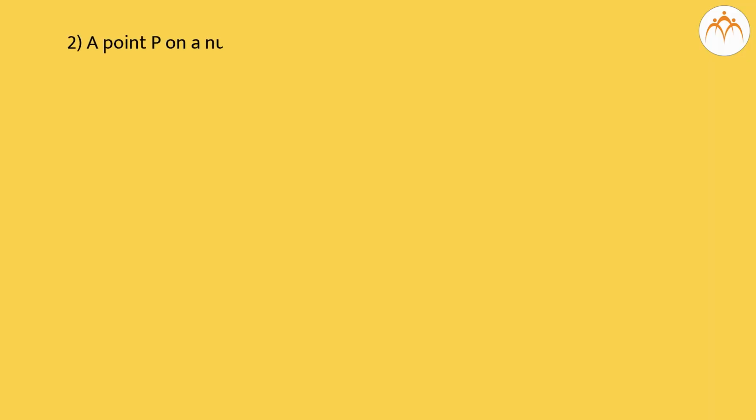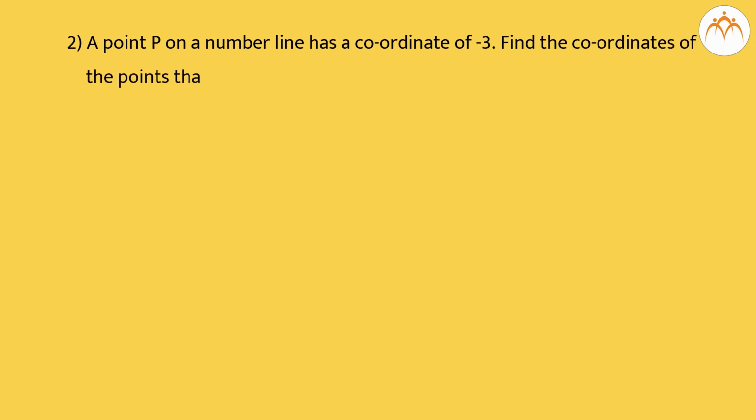Okay, now see, a point P on the number line has the coordinate of -3. We have to find the coordinates of the points that are at a distance of 8 units from P on the same line. Solution.